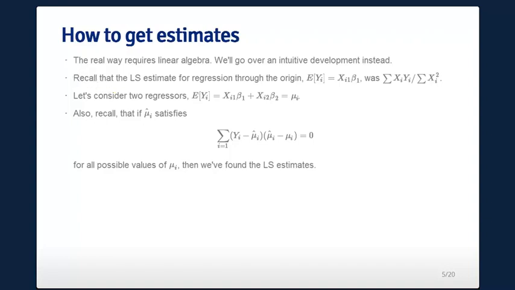If we have a model that says yi equal to xi beta plus error, the regression to the origin model, the estimate, remember, worked out to be summation xiyi divided by summation xi squared, okay?